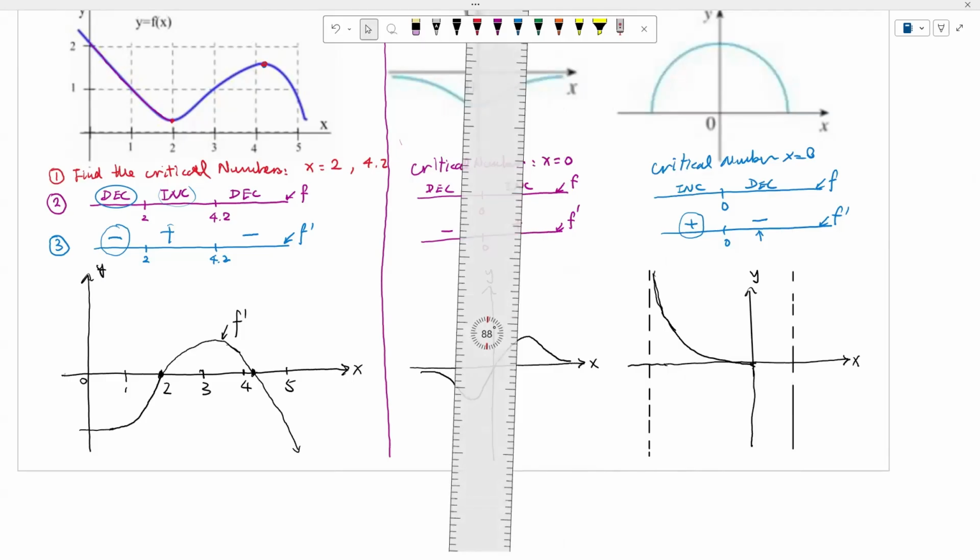Okay, so I need to adjust my y. So this will be my f prime in this case. Okay, so thank you then.